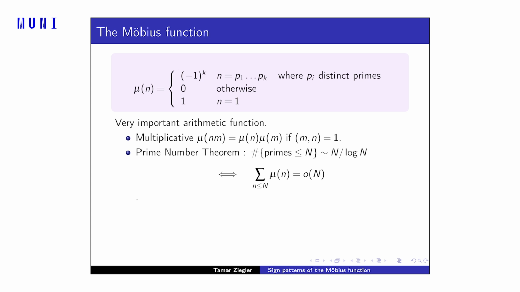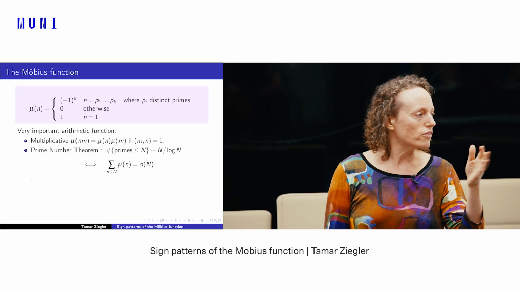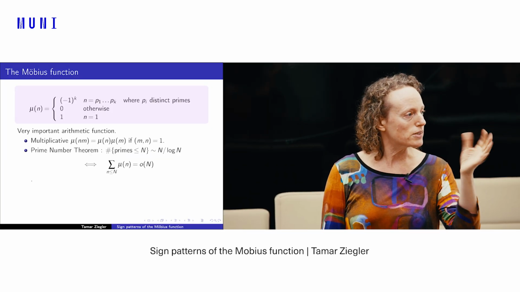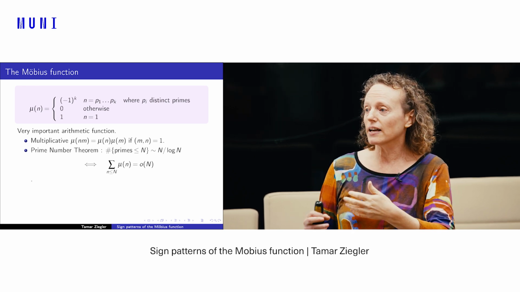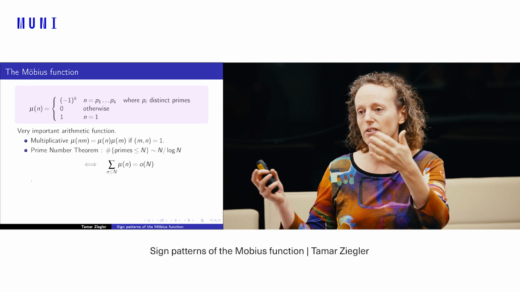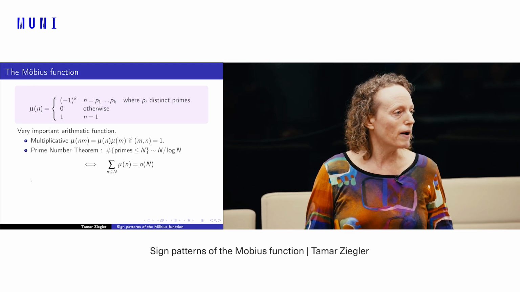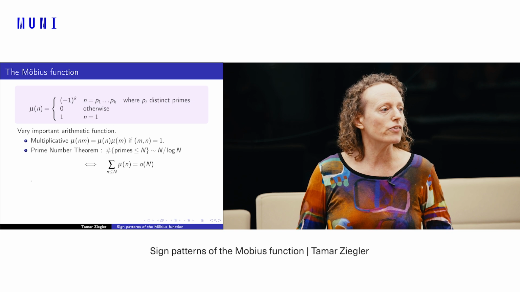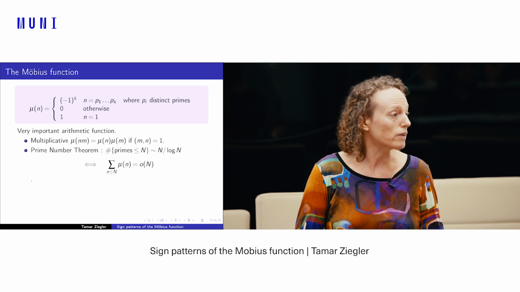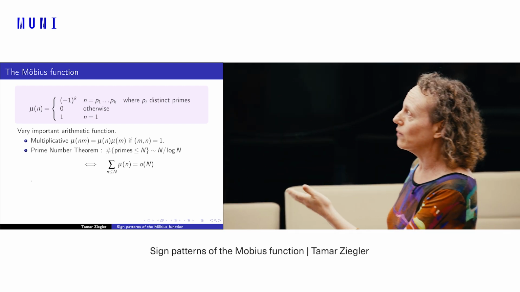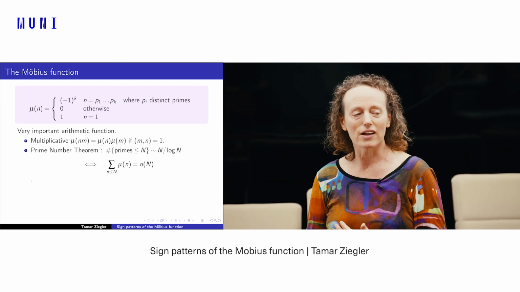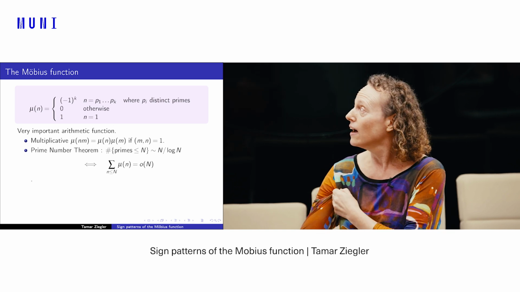If you look at the sum of mu(n) up to n, then mu(n) takes the values 0, 1, and -1. Ignore the zeros for a minute. So it flips between 1 and -1. And the prime number theorem is equivalent to the statement that it takes roughly the same number of times the value 1 as the value -1. Roughly half the numbers have an even number of distinct prime factors, and the other half an odd number. So that's one thing that might tell you that this is an interesting function to understand.